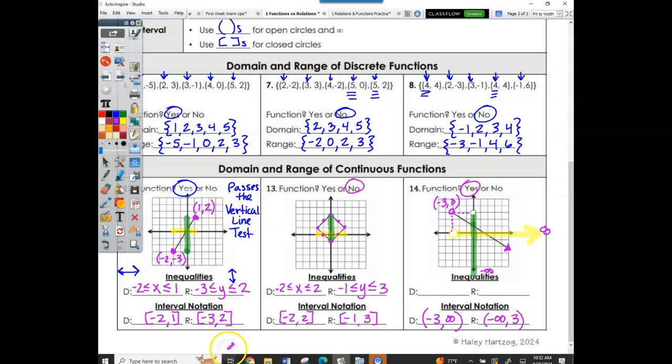So that would be x is greater than negative 3, think of the arrow on the right. Now we got to do range. The infinity's on the left, which means that arrow's been shaded. So it's y is what? Less than 3.